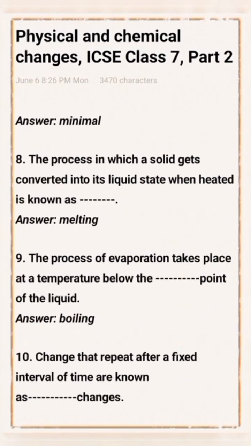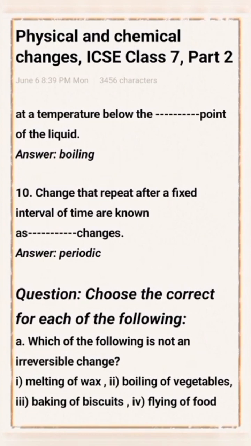The process of evaporation takes place at a temperature below the dash point of a liquid, that is boiling point. Next question, number 10. Changes that repeat after a fixed interval of time are known as dash changes. Answer, periodic.